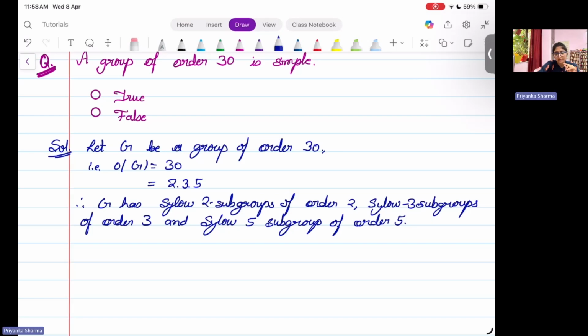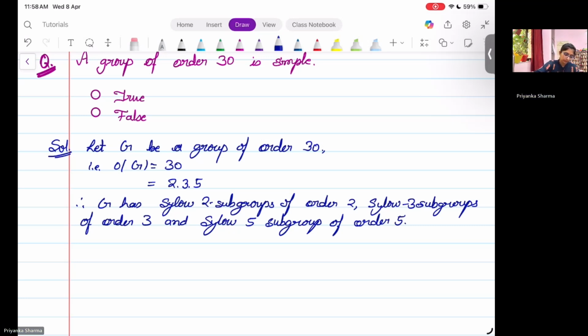So the necessary condition for the group G to be simple is that the Sylow 2 subgroup should not be unique. Otherwise, that will be normal and has order greater than 1 and less than 30, so G will not be simple. Similarly, the Sylow 3 subgroup of order 3 should not be unique, otherwise that will be normal. And the Sylow 5 subgroup of order 5 again should not be unique, so that it cannot be a normal subgroup.